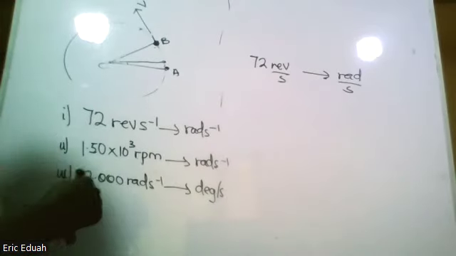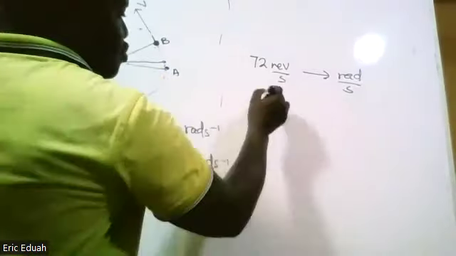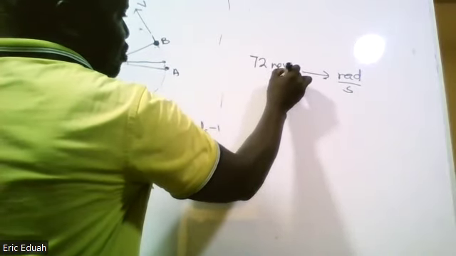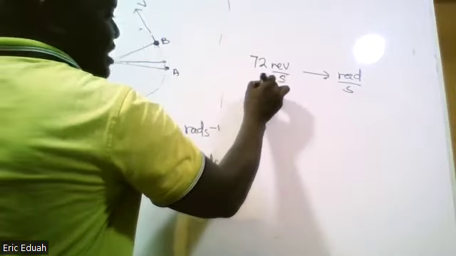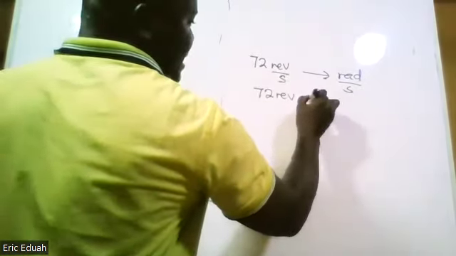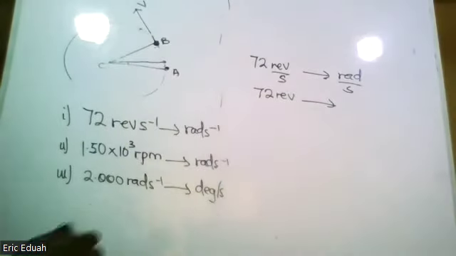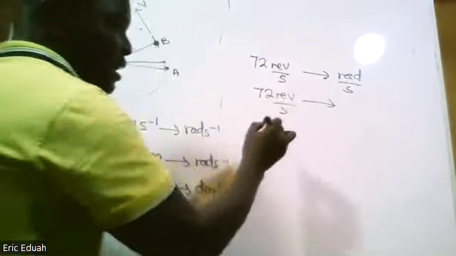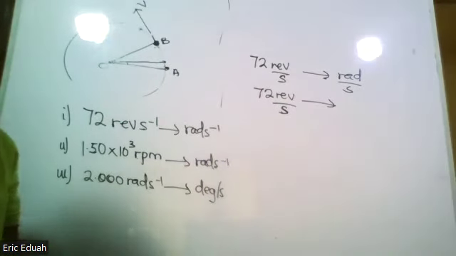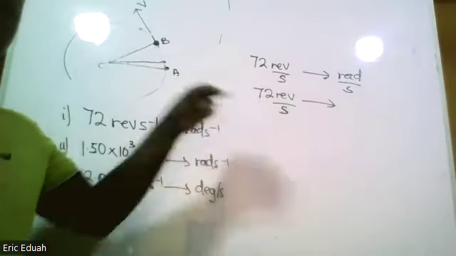So you need to think of converting 72 rev to radian. And how do we do that? How do I convert 72 revolution to radian?